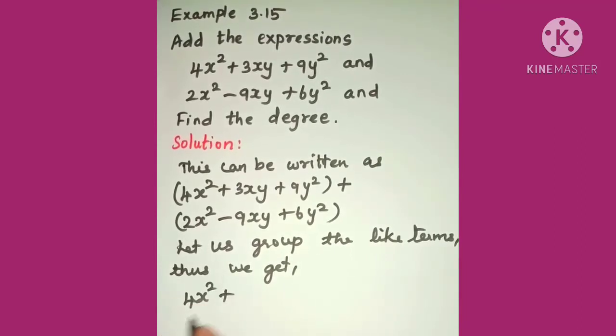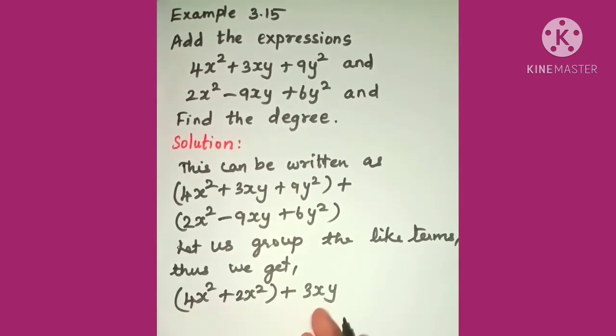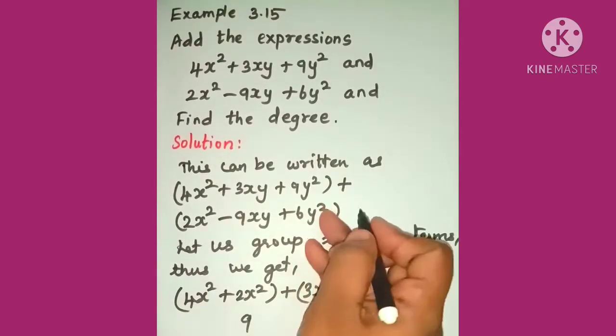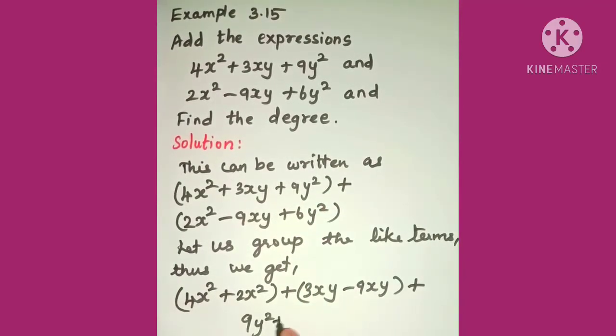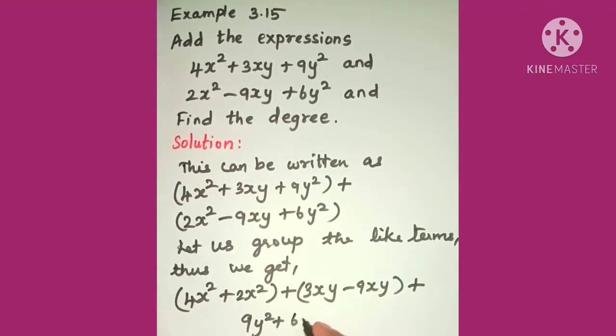First let us group the like terms in x square: 4x square plus 2x square, plus 3xy minus 9xy, plus the like terms in y square, 9y square plus 6y square.